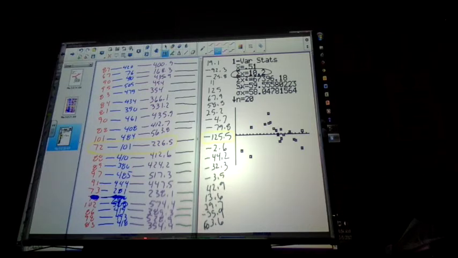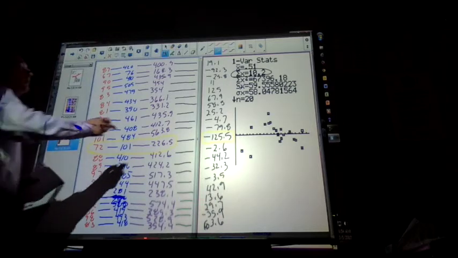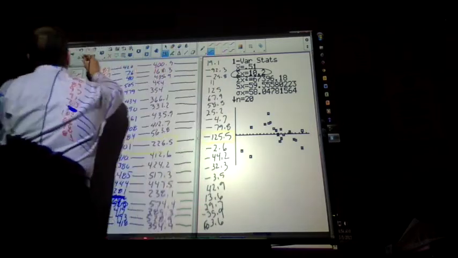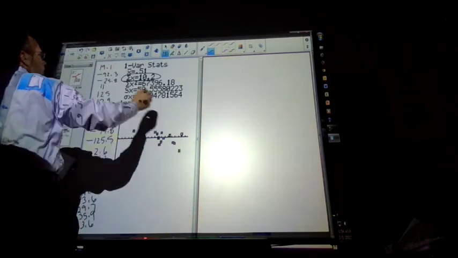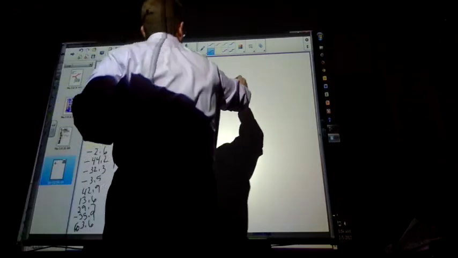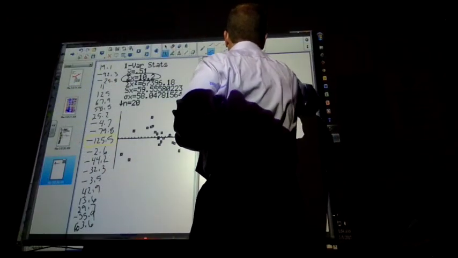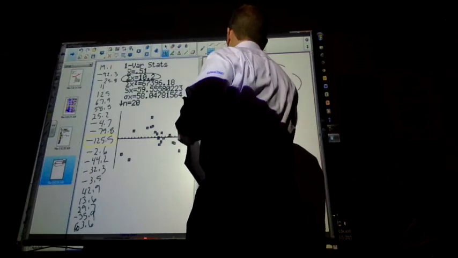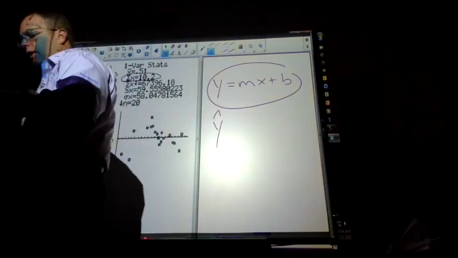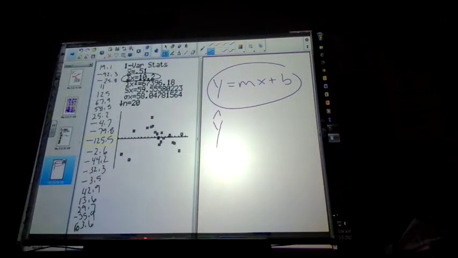Let's go to the next page on the notes for 4.6. Is the regression reasonable? When you create a regression line, which we call y hat, is it going to be reasonable?